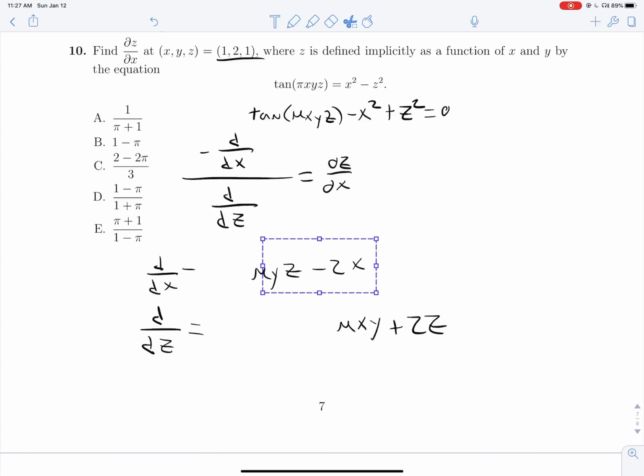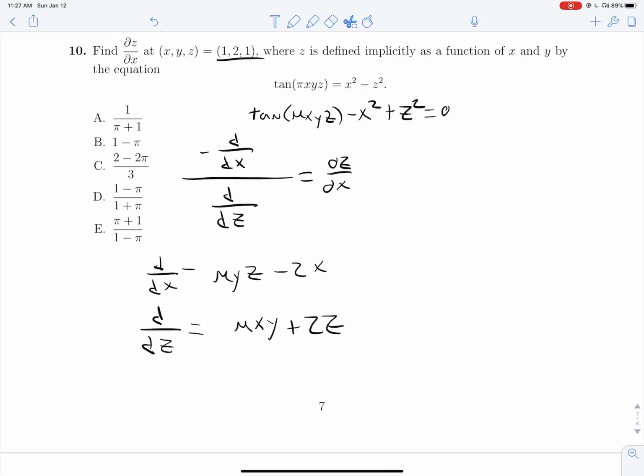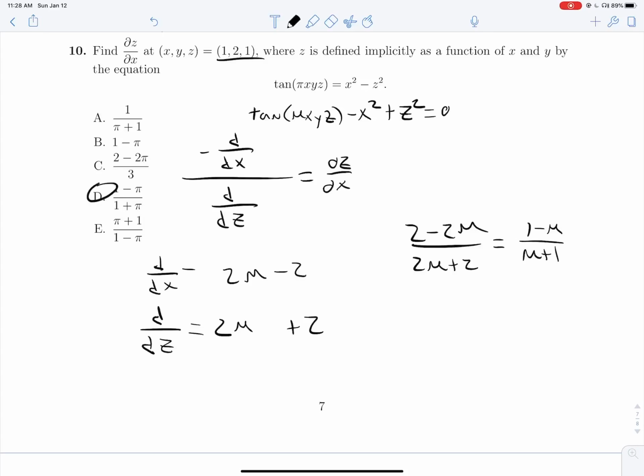I'm going to move things back over a little bit, where pi yz is going to be 2 pi, 2x is going to be 2, pi xy is going to give us 2 pi, and 2z is also going to give us 2. So we are going to get 2 minus 2 pi over 2 pi plus 2. In other words, 1 minus pi over pi plus 1, which is answer choice D.